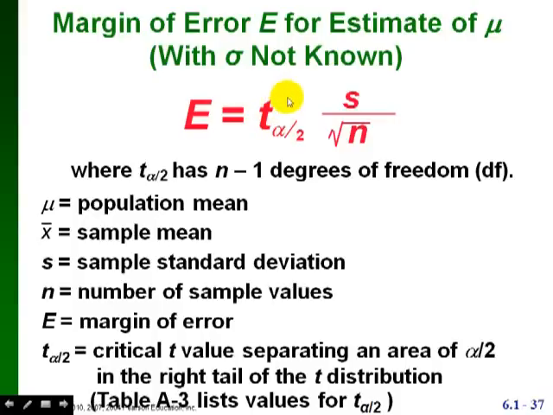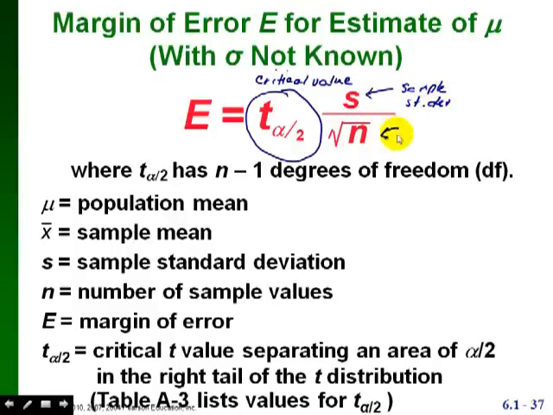And notice that here, instead of z for our critical value, we have a t, and that tells us that we're going to be using that t distribution. So we're going to be using a table from the book that has to do with the t distribution. And notice also here that we've got an s. This is our sample standard deviation. So that comes from the sample, and then the n is our sample size.